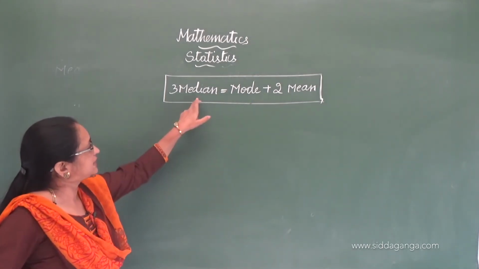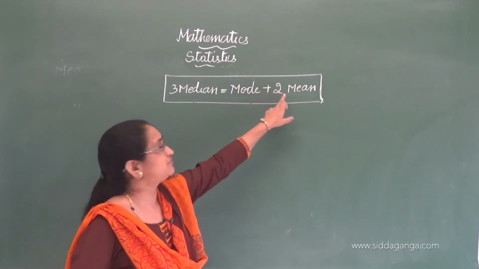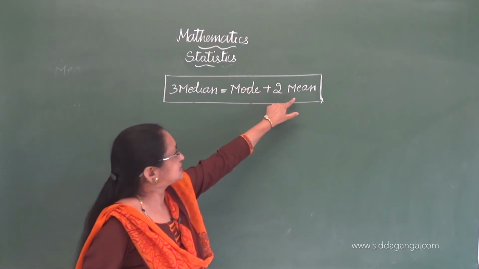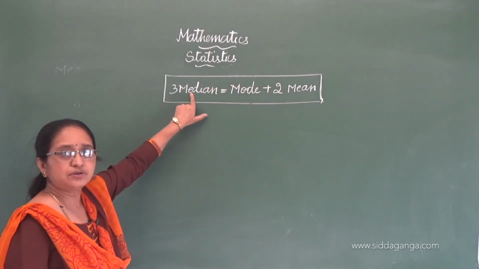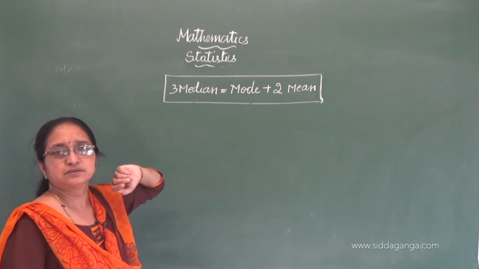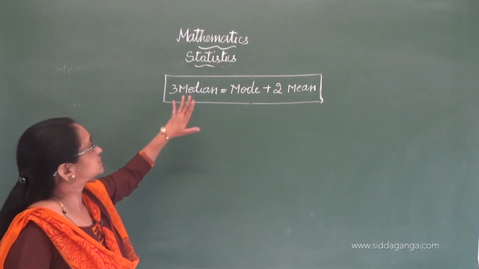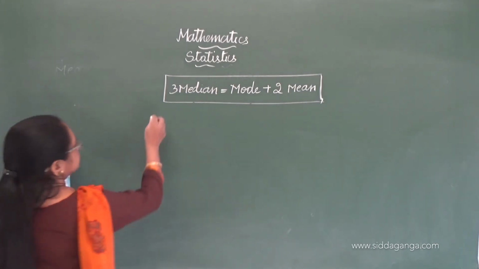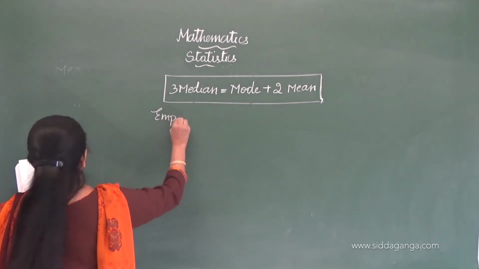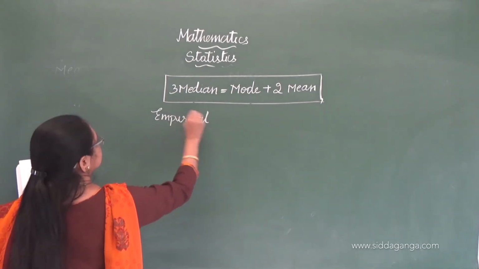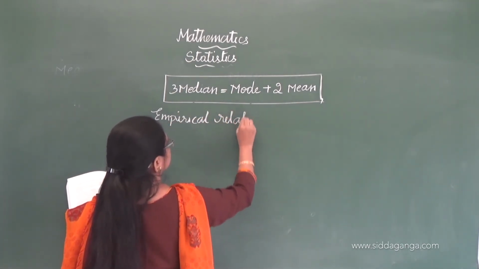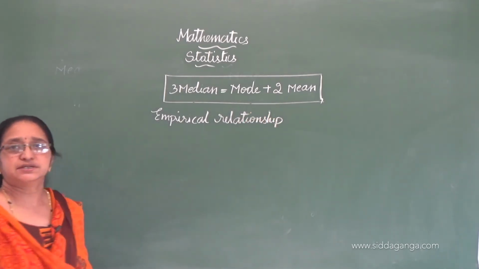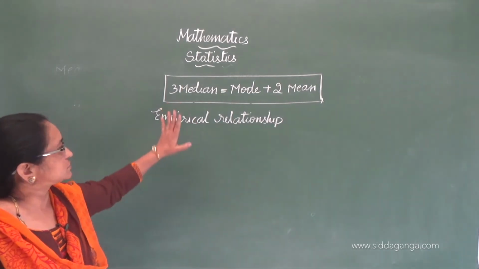For example, if median and mode are given, we can find the mean, or if mode and mean are given and median is unknown, then we can find the median. This is called the empirical relationship between the three central tendencies. This formula is also very important.